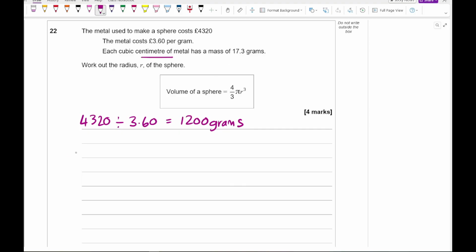So the volume of the sphere is going to be 1,200 divided by 17.3, and that comes up to a total of 69.36416. Now from this, what we then know is that this is going to be equal to the volume of the sphere.